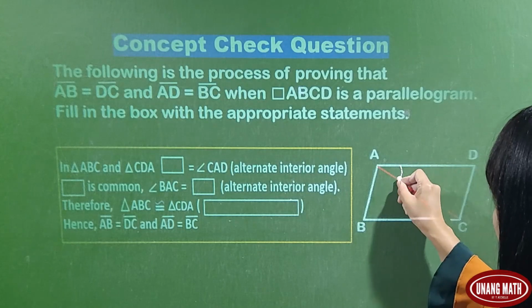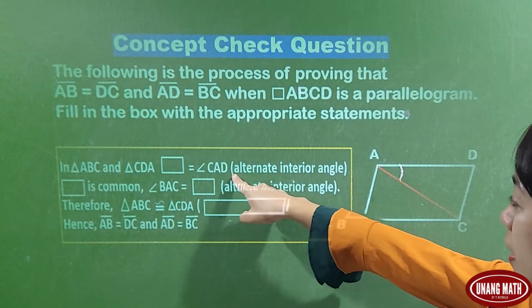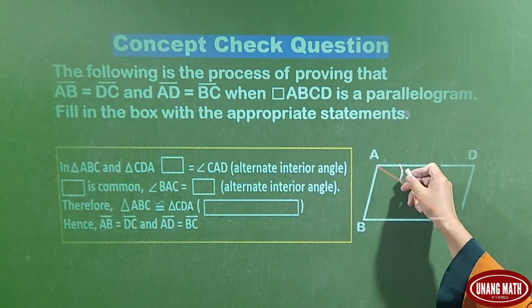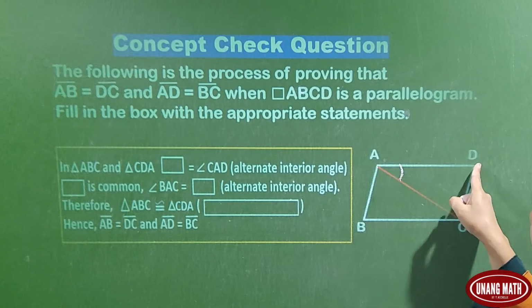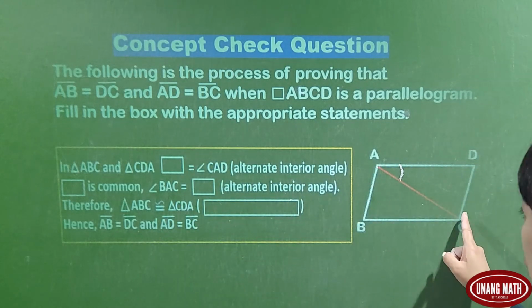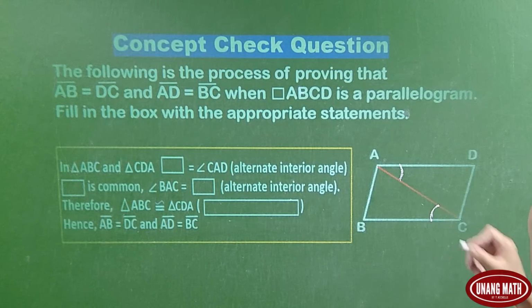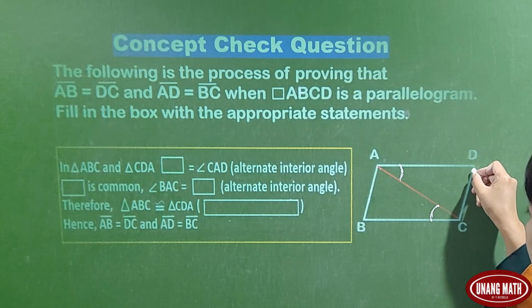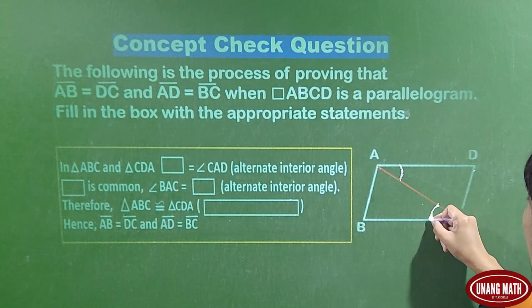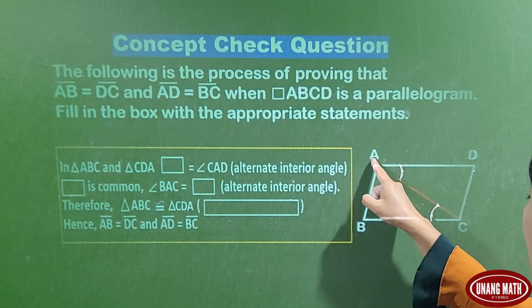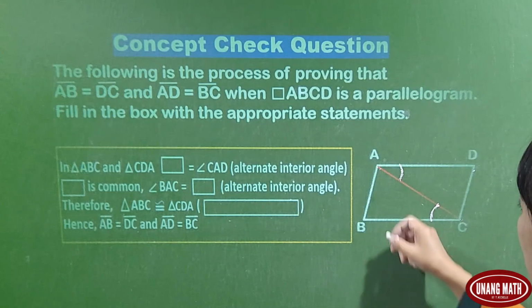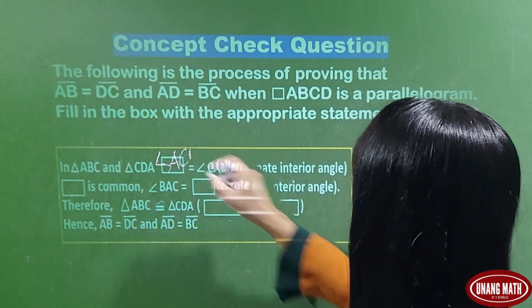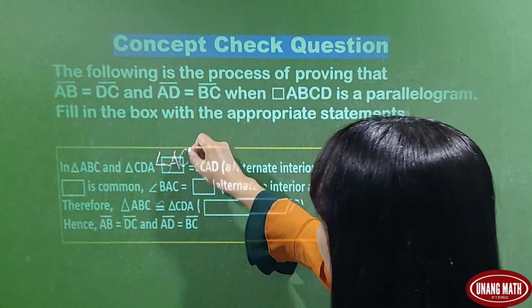CAD, so meaning this angle. There are words here that say alternate interior angle. So this angle CAD is equal to this one, which is angle ACB.